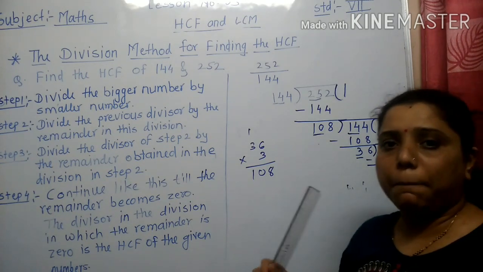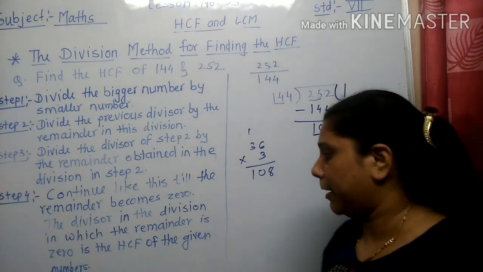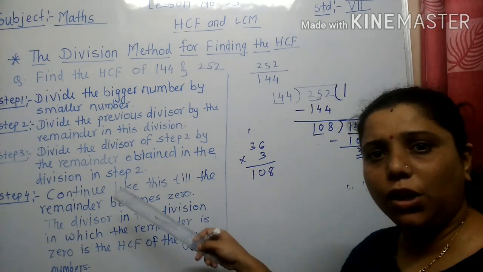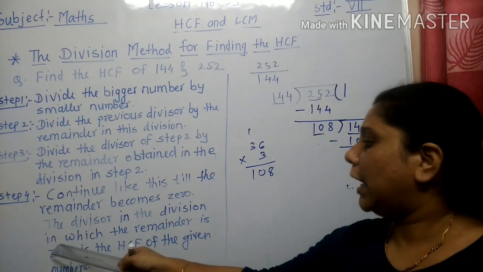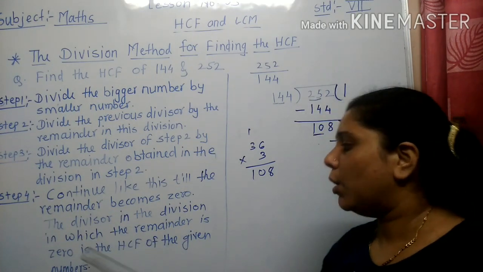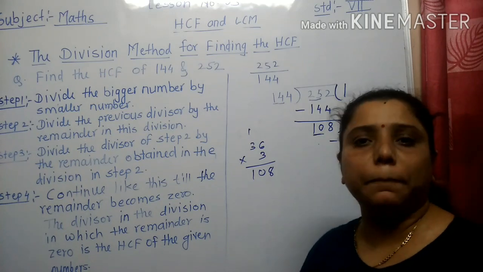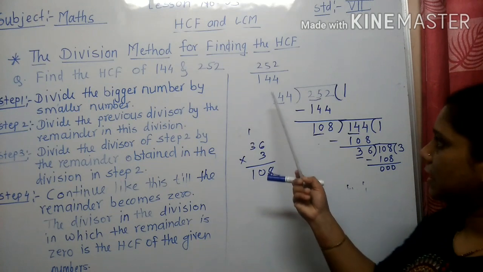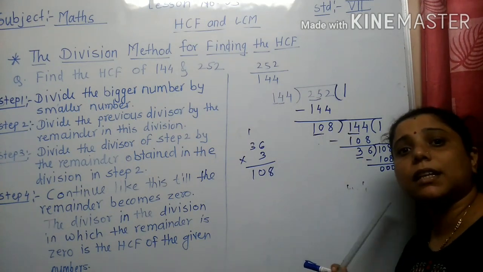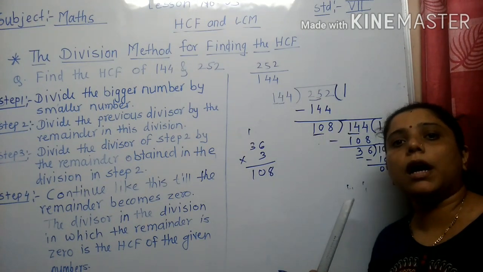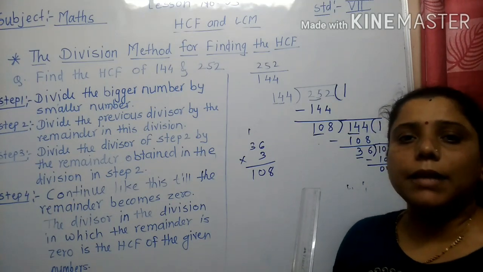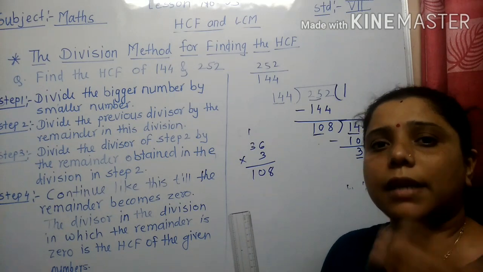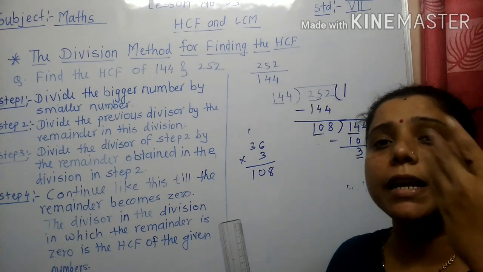So why am I telling this? Because the divisor in the division in which the remainder is 0 is the HCF of the given numbers. Now this is the first step, this is the second step, this is the third step. Now in the third step you are getting the remainder 0. Sometimes you will get remainder 0 in step 4, sometimes in step 5.